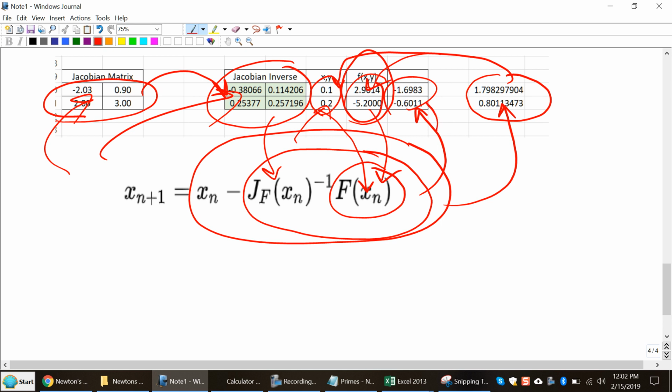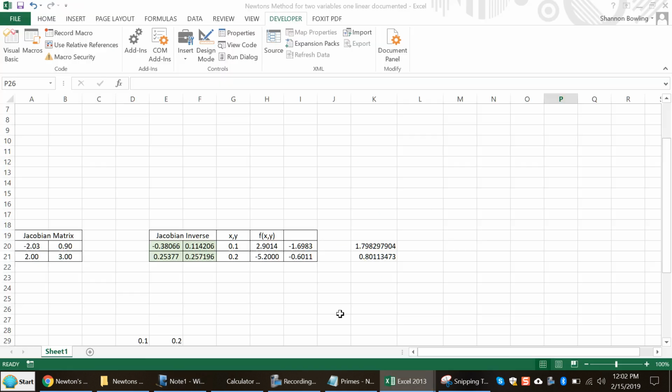Multiplying these 2 together is easy also because Excel does it for you. It's just matrix multiplication, MMULT. So you multiply this matrix times this matrix. This right here is just subtracting this value from your initial guesses.